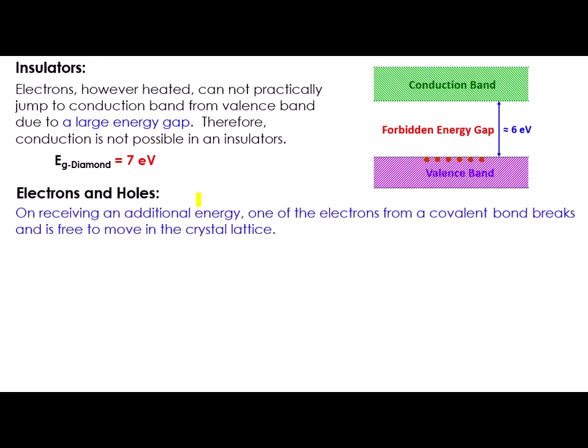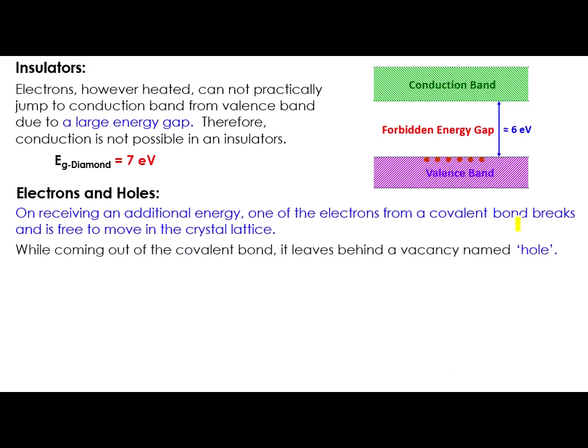In a semiconductor, on receiving additional energy, some of the electrons from a covalent bond break free and are free to move in the crystal lattice. Those are called free electrons.